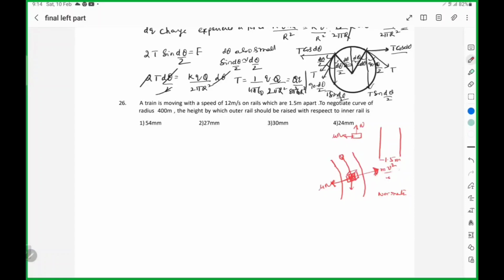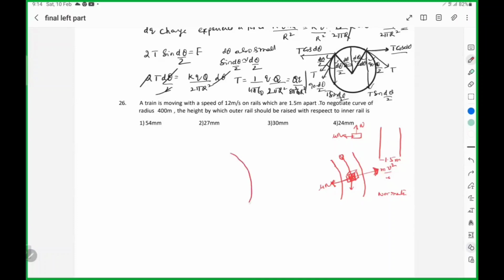If the speed is such that centrifugal force dominates frictional force, definitely skidding will happen. They are not safe. Suppose the road is smooth, skidding will happen. To overcome that, we have to raise the outer rail to some height.